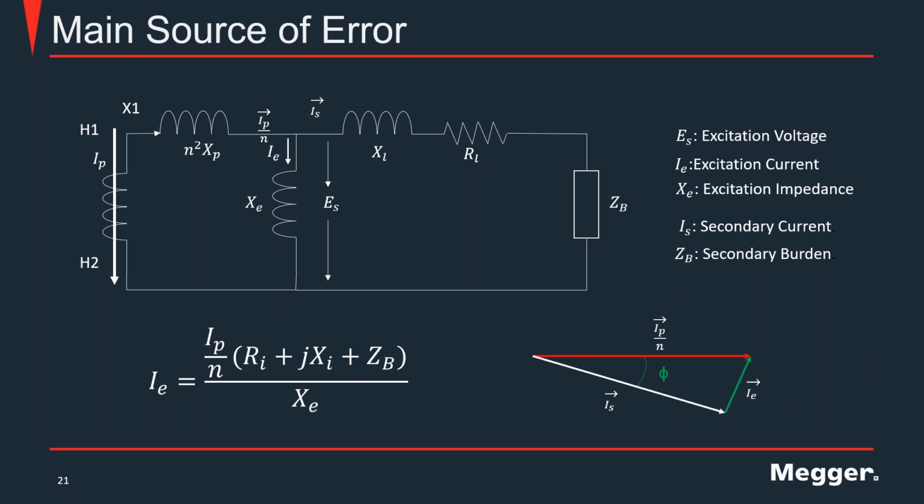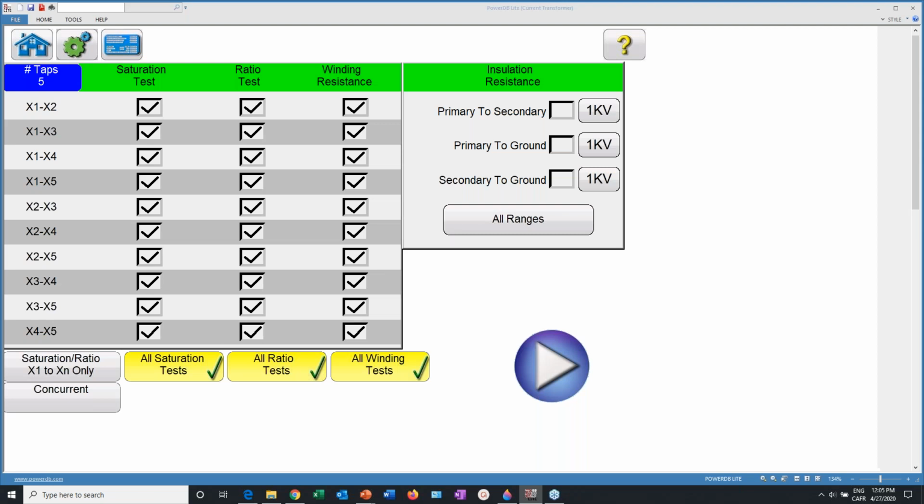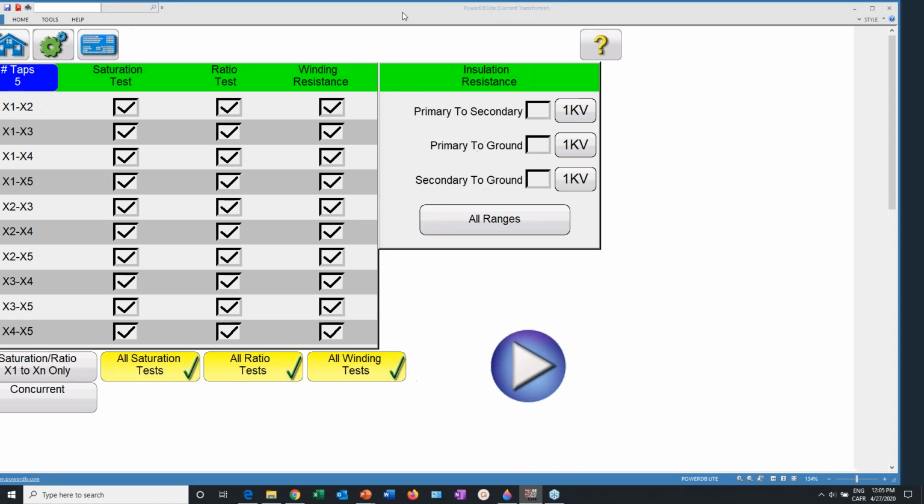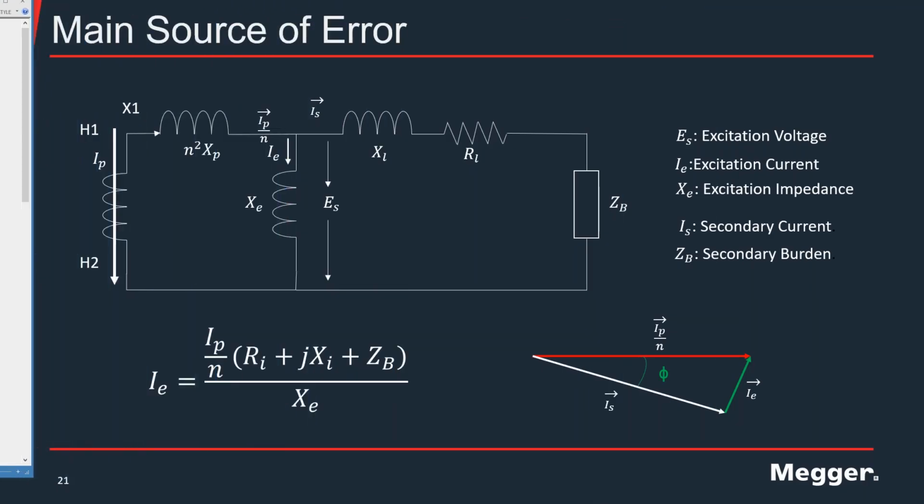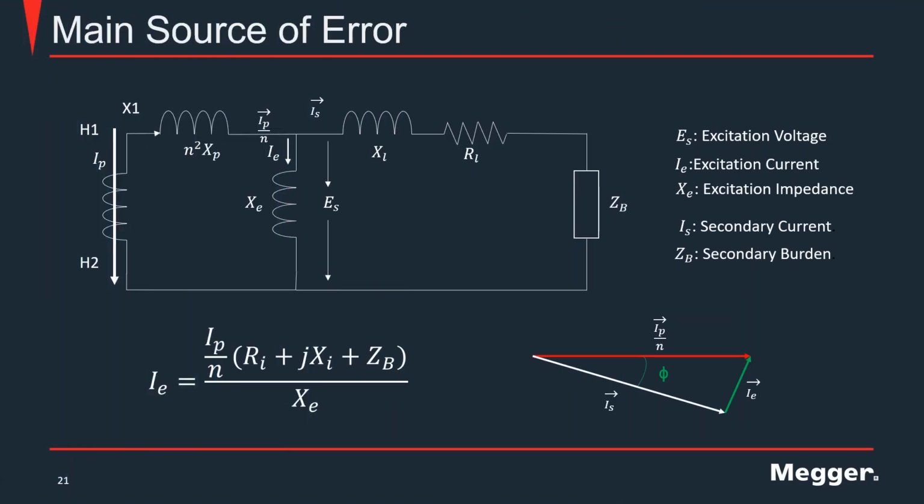The CT should be really accurate between 0 and 100% of the rated current. So this safety factor has to do with the case where there is a fault in the system, and depending on the factor, that CT will guarantee that devices connected to the secondary are protected whenever that condition is met.